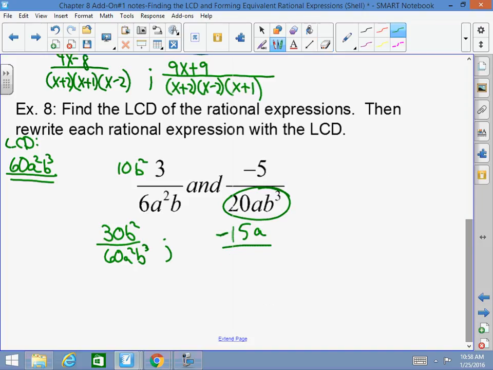So that's negative 15 over 60a squared b cubed. Are you guys with me here? Yes, I made a mistake. I was looking at the negative 5. But you're right. I got to pay attention. I got to practice what I preach.